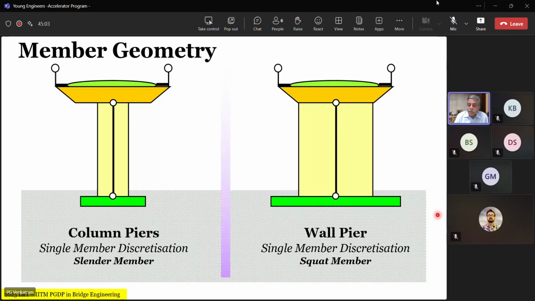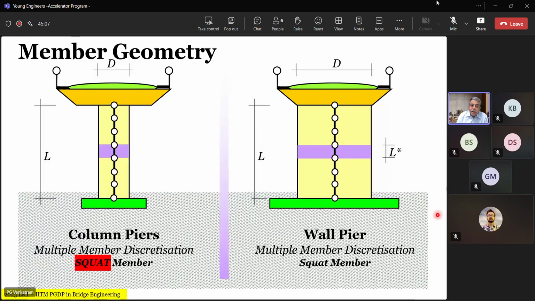Now, coming back to the question, suppose I do a finer discretization of the so-called slender member. Then the member becomes by definition that between the nodes, correct? Then this member, is it slender or squat?